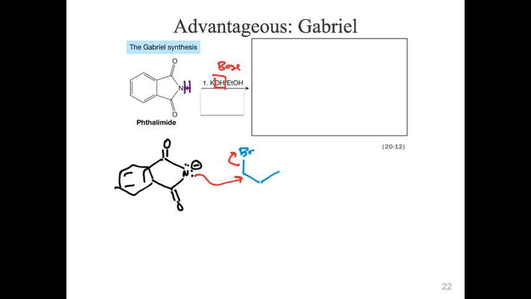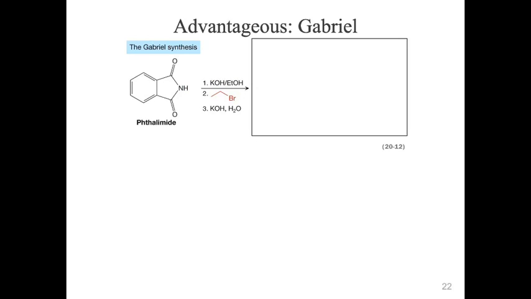Is it ringing any bells? Vaguely, yeah. Once we've done the substitution reaction, we can then follow it up with a second round of hydroxide. That nitrogen now would no longer have any acidic hydrogens on it. We would have our alkyl halide connected to it. So now what does the hydroxide do?